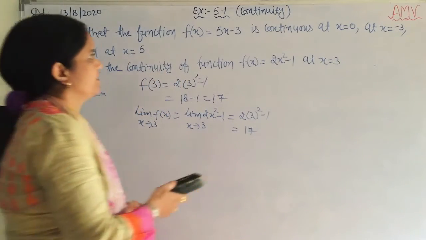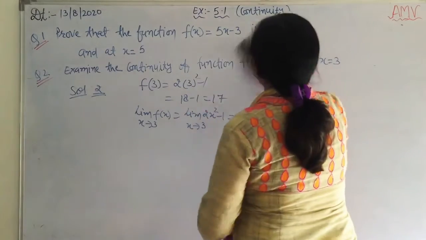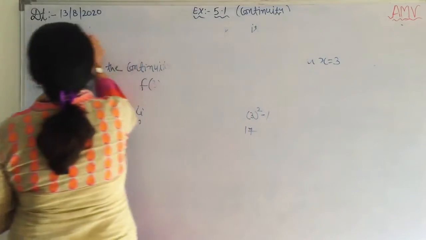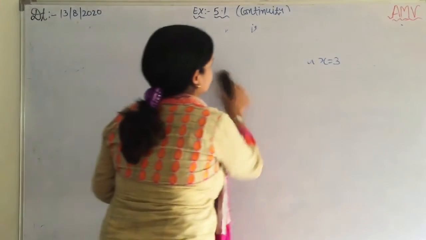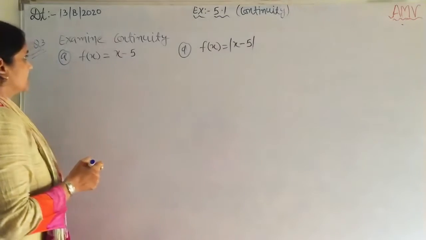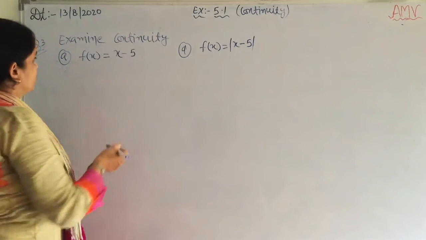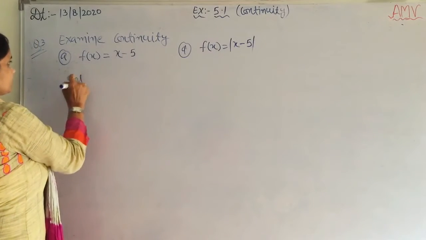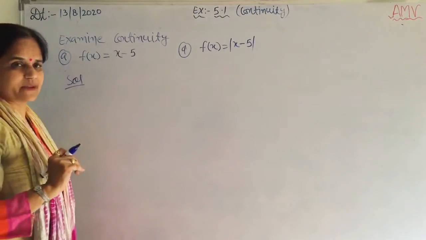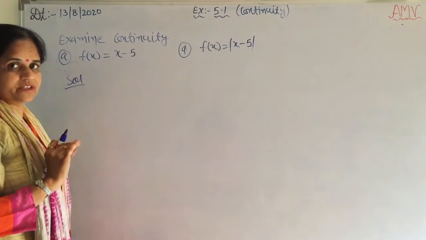Now move ahead. Next question, question number 3. Examine the continuity of the function. First part, f(x) is equal to x minus 5. Here students, the point is not given.